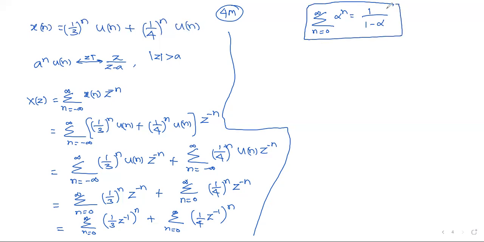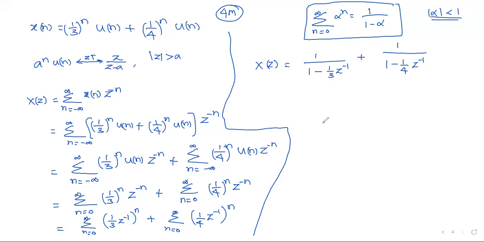By using this formula, directly we can write X(z) is equal to 1 divided by 1 minus 1/3 z inverse, whatever is inside the bracket, alpha^n, 1 by 1 minus alpha, plus 1 divided by 1 minus 1/4 z^(-1). Here you need to write what the ROC is: mod alpha is less than 1. So now what is the alpha here?